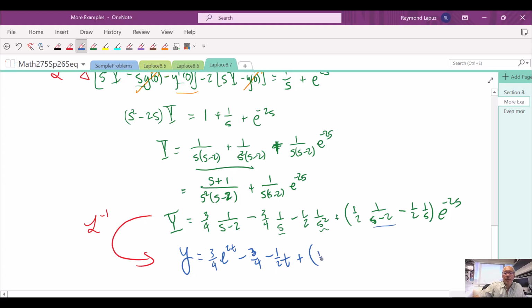This is a 1/2 e to the 2t, but there's a shift here, right? T minus 2, so t minus 2 shift, and then I'll multiply outside of this with a unit step function, and then I have a 1/2, and that's just a 1, so I'll just keep it there. There's no variables involved, so the step function t minus 2.